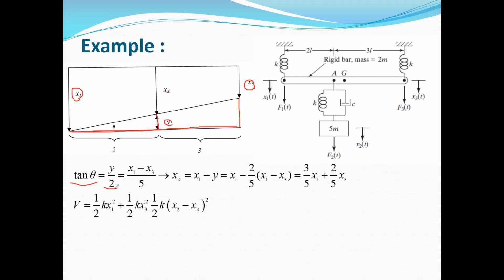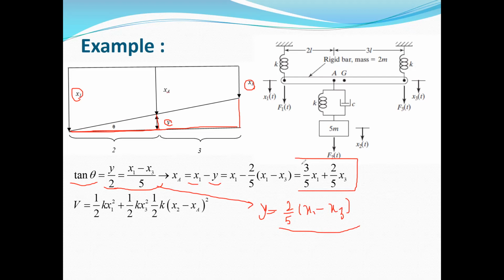So you can substitute for y and simplify, and finally you will see that xa is equal to 3/5 times x1 plus 2/5 times x3.